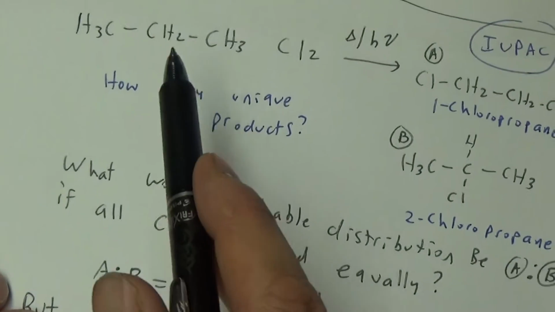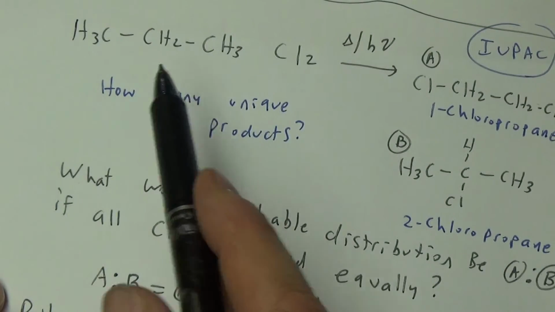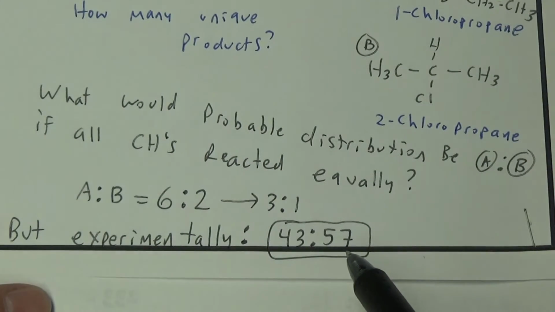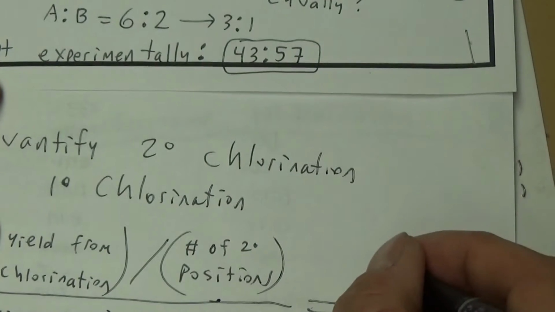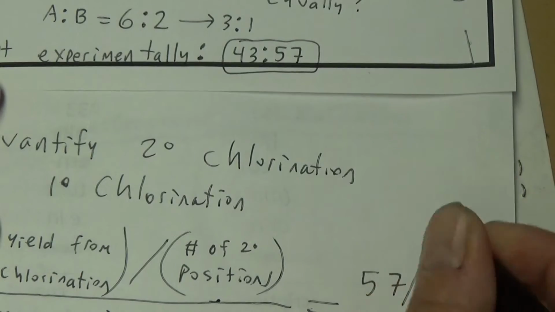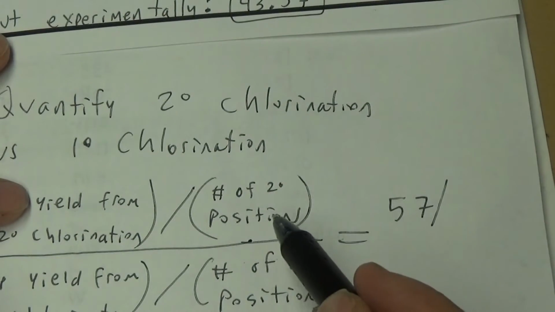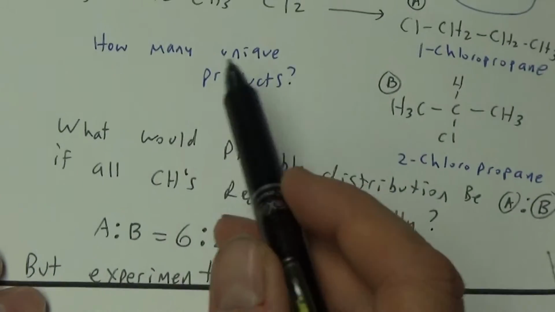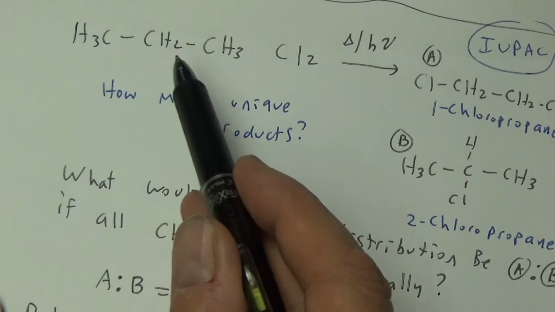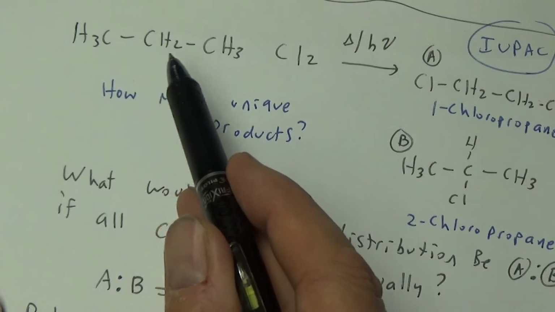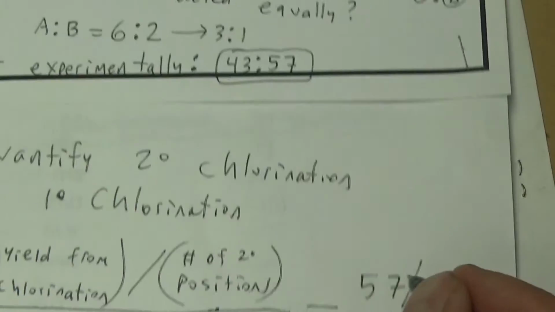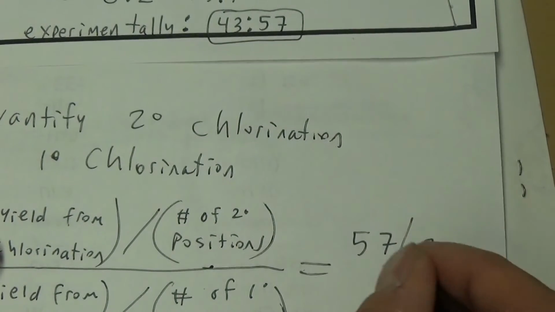So what's the experimental yield for secondary? It was 57. So it's 57 divided by the number of secondary positions. How many secondary H's are there on that secondary carbon? There's 2, right? So it's 57 divided by 2.